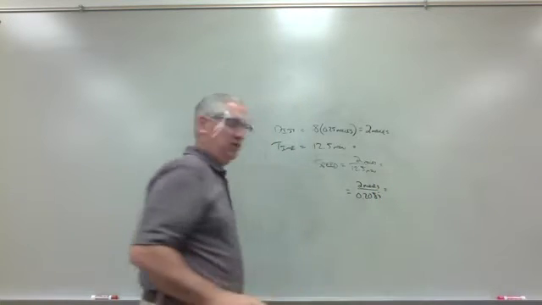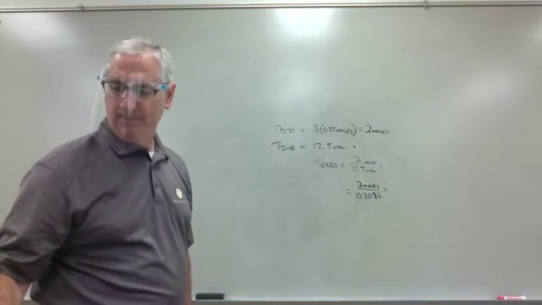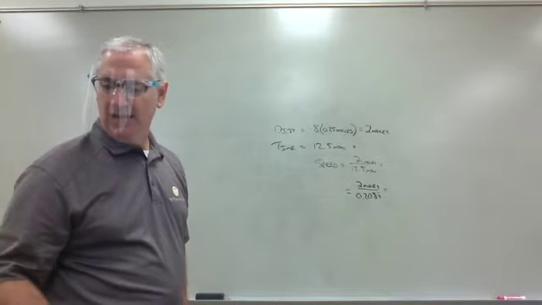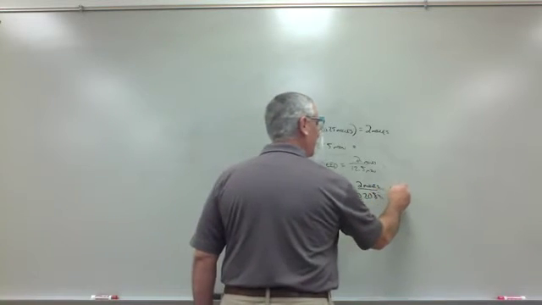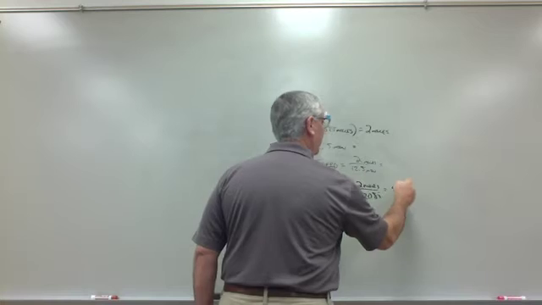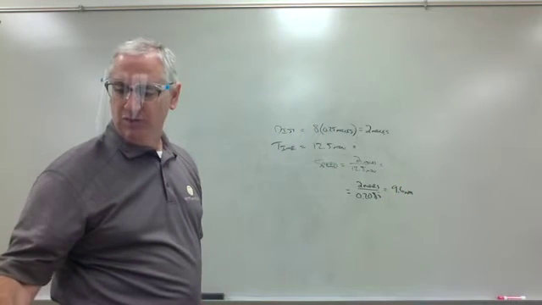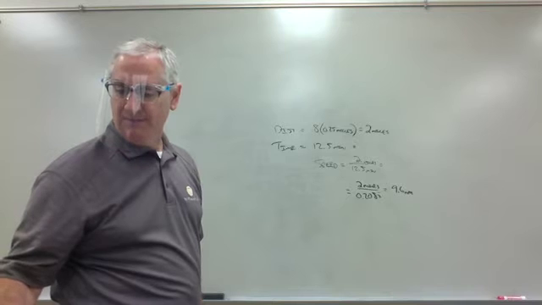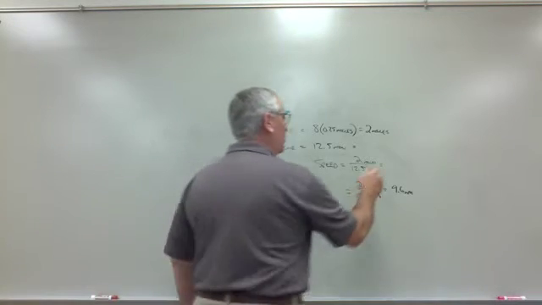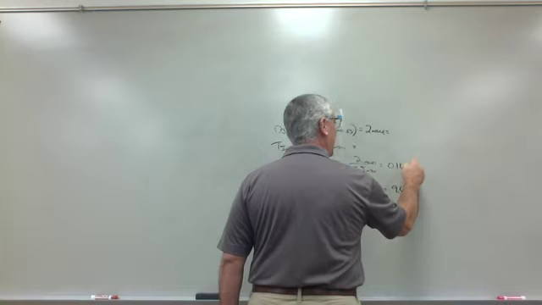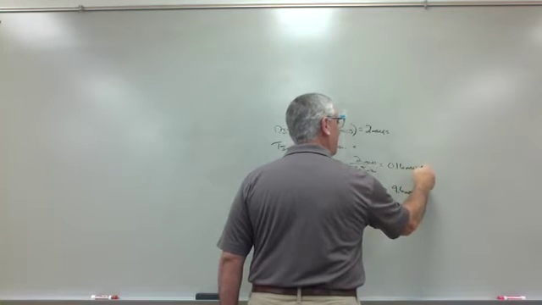And so we take the 2 and do that, and we get 9.6 miles per hour. And then if we do the 2 divided by 12.5, we get 0.16 miles per minute.